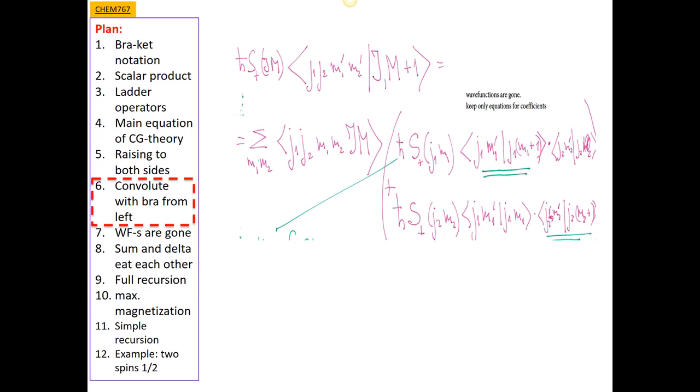So M1 prime equals M1 plus 1, which means delta M1 prime comma M1 plus 1. And for the second system magnetic projection, it will be trivial. M2 prime equals M2, which means delta M2 prime M2. Okay?